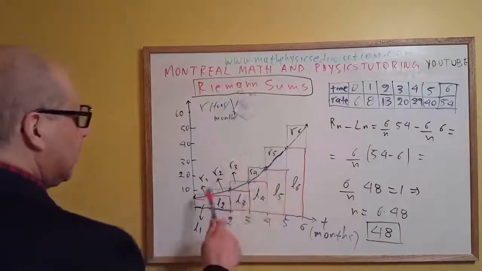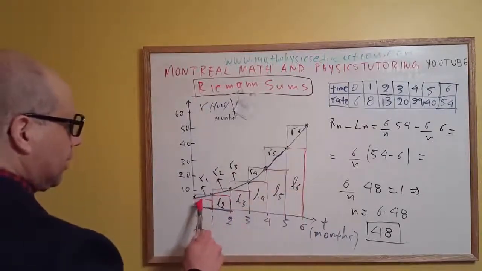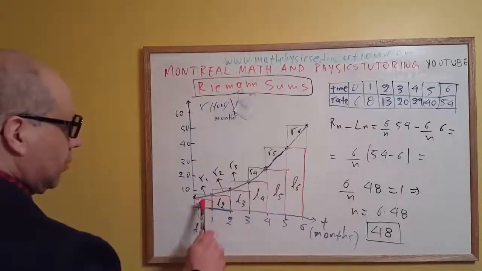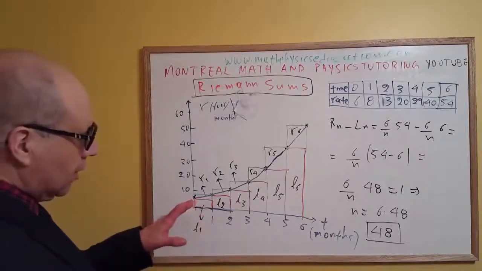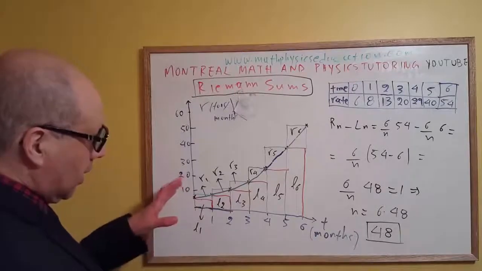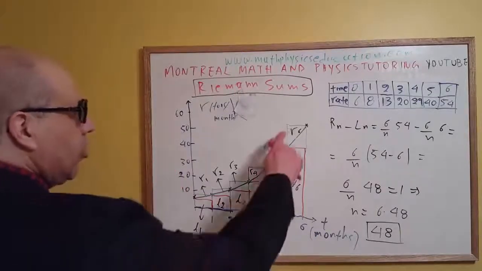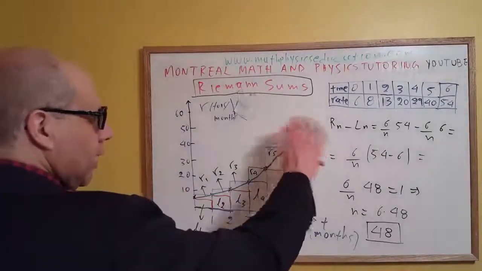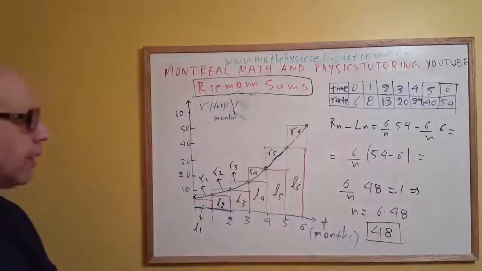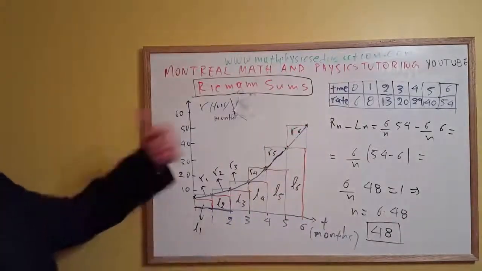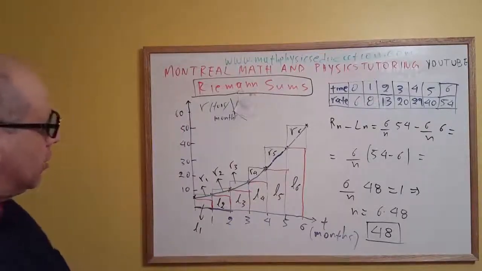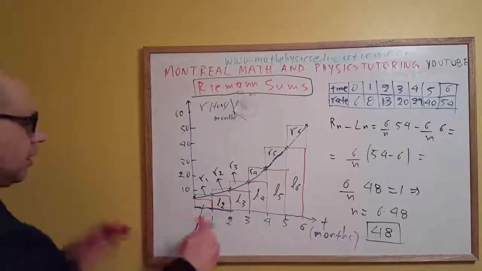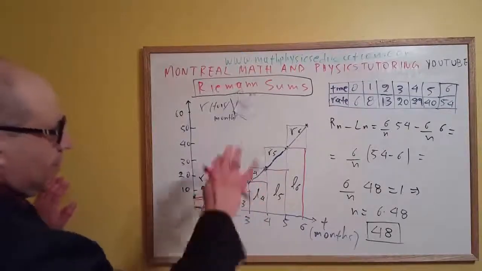As you see here, the ones with a red line are the left-hand rectangles, and the ones with the green are the right endpoint rectangles.